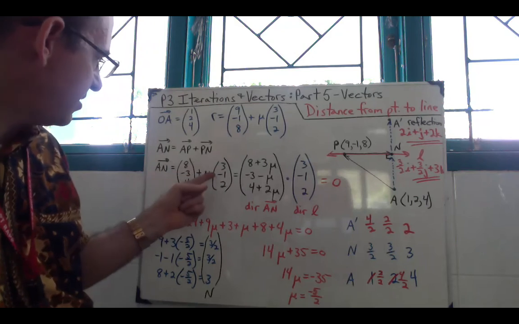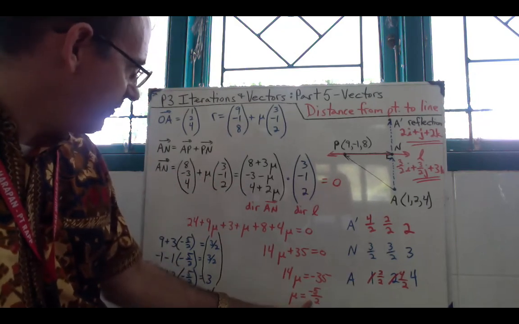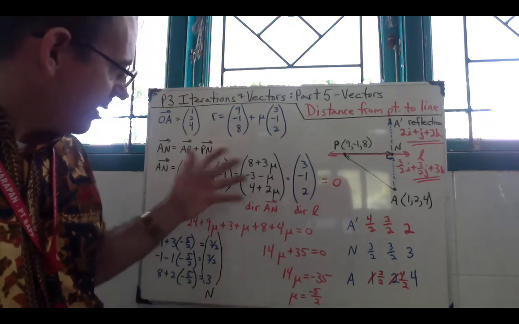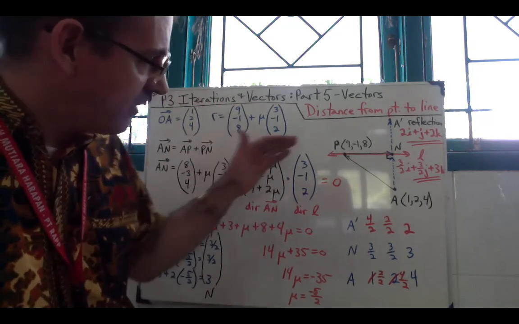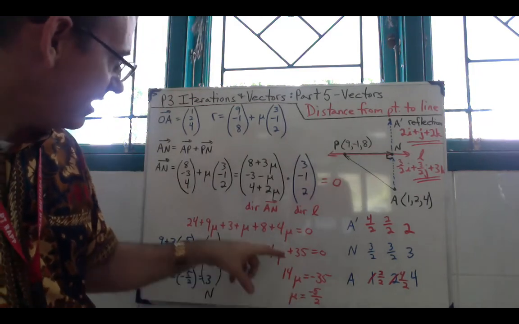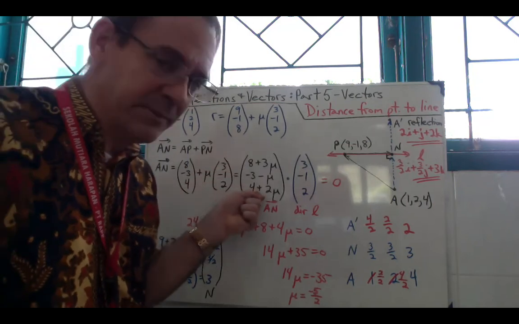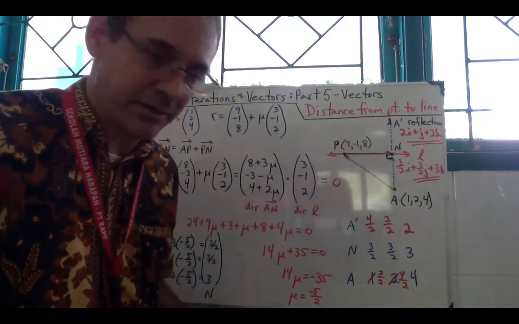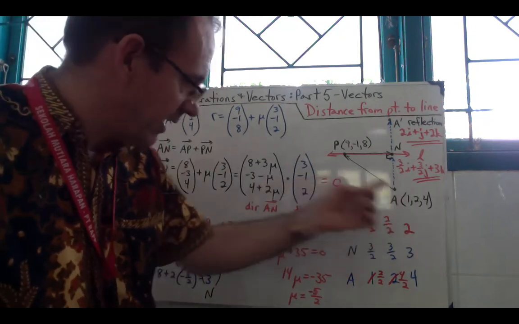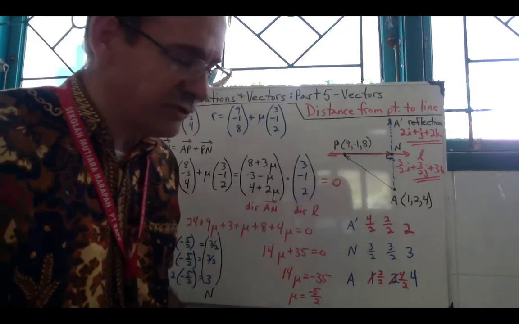We found the direction of A to N. So you could take this -5/2 and plug it in here. Plug in your -5/2 for the mu, get your direction, and then find the magnitude of this. That would be the length. Or if you came down to here, take N minus A or A minus N and find the magnitude of that. Either way, it will give you distance.